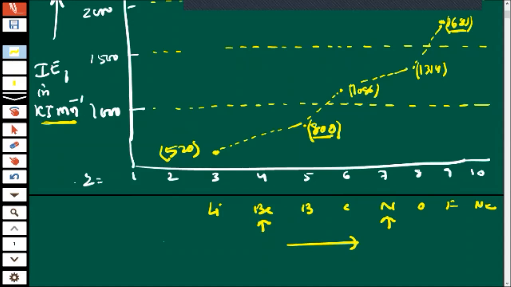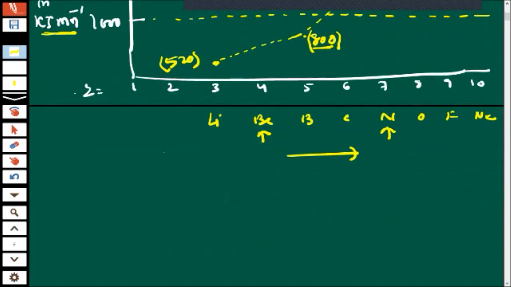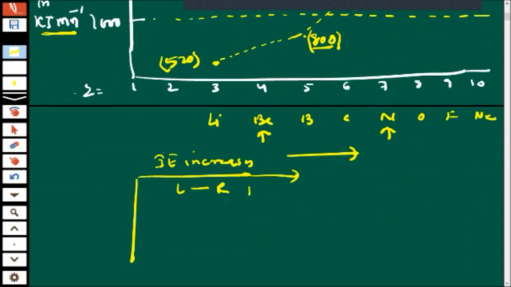So that statement is very nice, the statement that ionization energy increases when we move from left to right in a period. And ionization energy decreases from top to bottom in a group. This was the general statement.